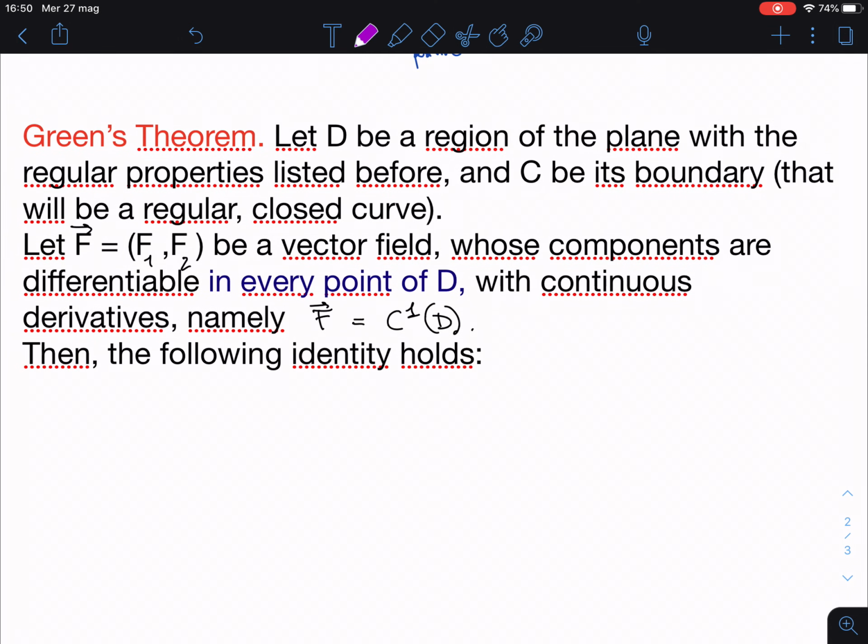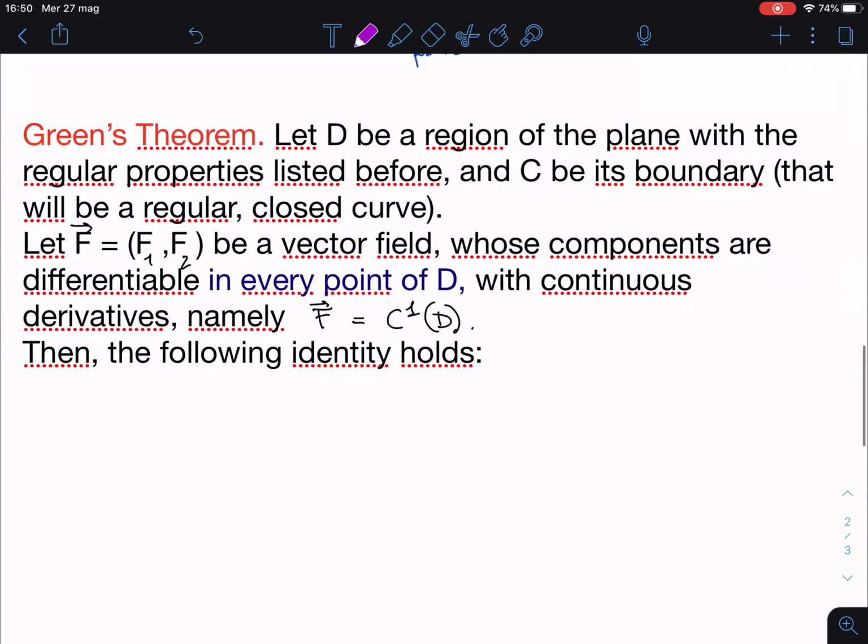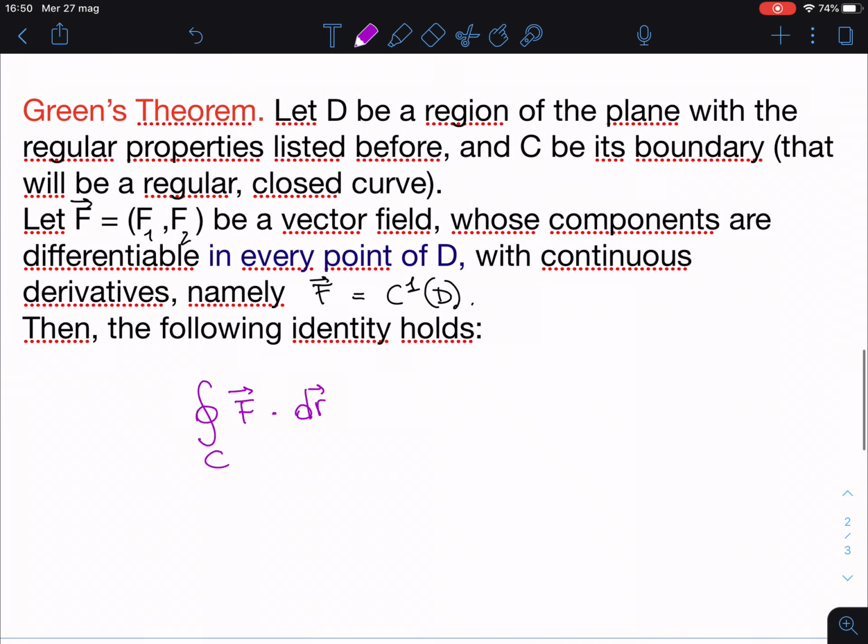We have that the circulation of F on the curve C is equal to the double integral, the planar integral on the region D of what?